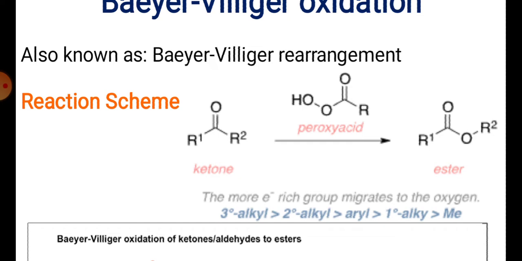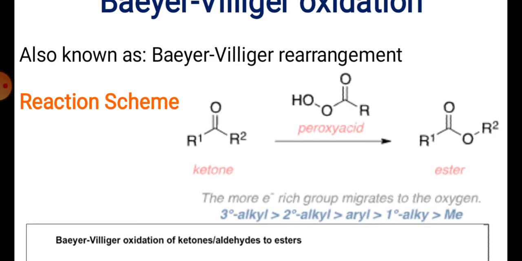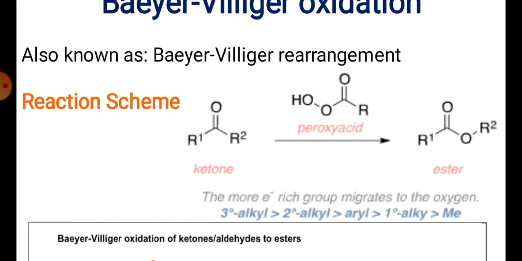So the order is given here. The more electron rich group migrates to the oxygen. If you look at this reaction simply, there is an insertion of oxygen. Just recall that you first find R1 and R2, and whichever of R1 or R2 is more electron rich, at that side the oxygen will be inserted.